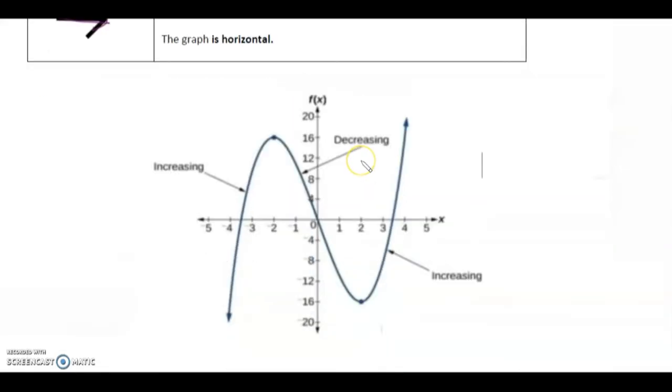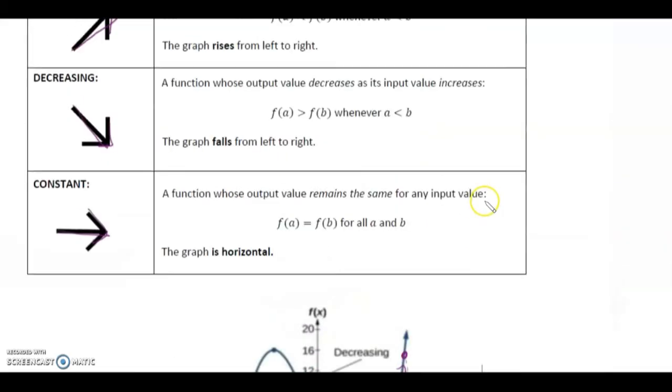What that means, and I'm going to make up two numbers here. Let's do 2.5, which is here. And then let's just do 4, which is here. So let's read this again.